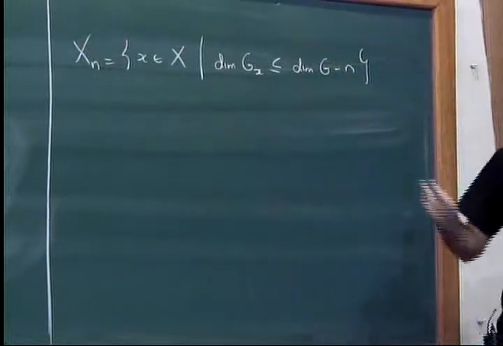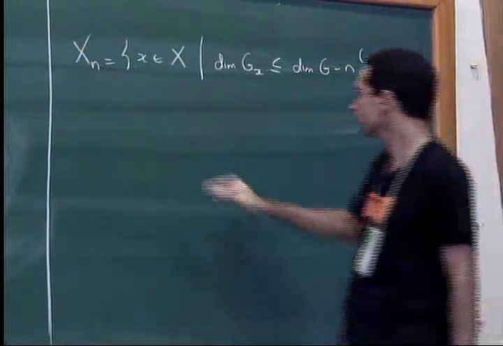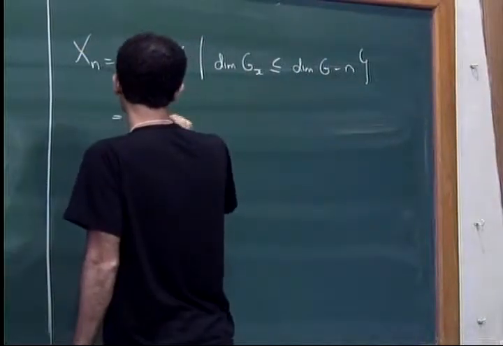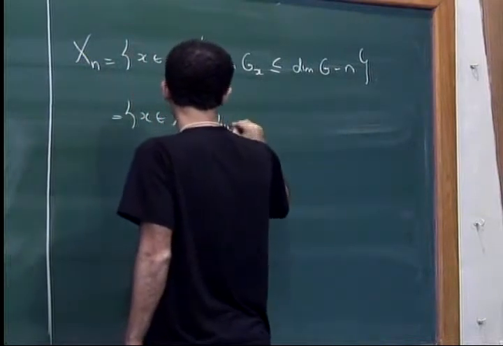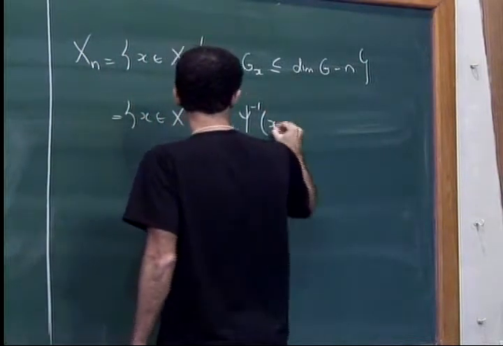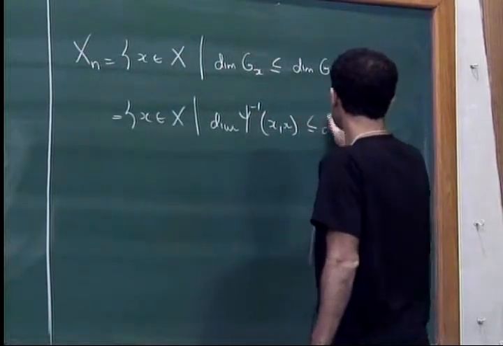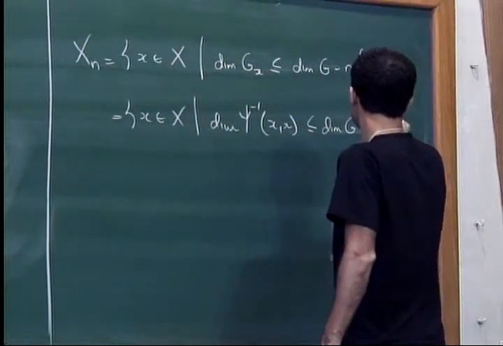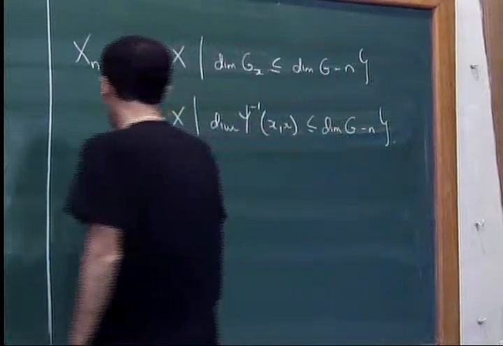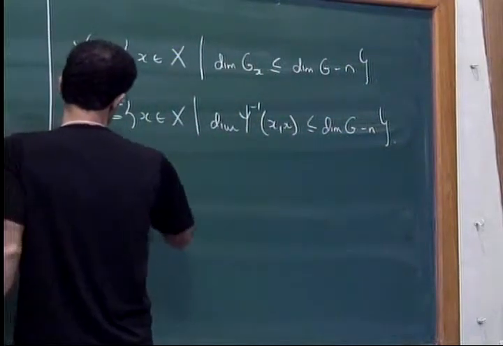Right? So using two. So it's the set of points such that the dimension of the fiber, which is the same as here, is less than or equal to the dimension of G minus n. But then this should be open by semi-continuity.